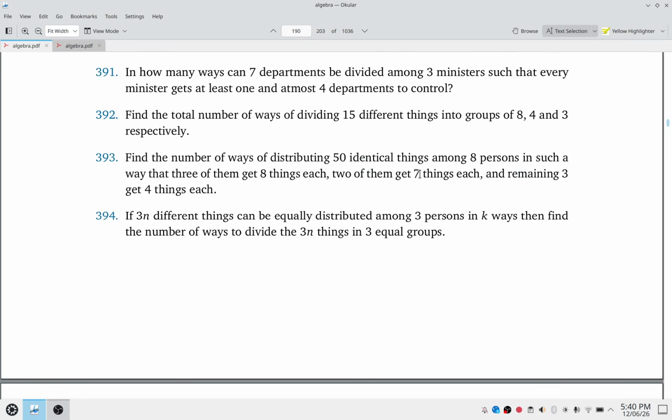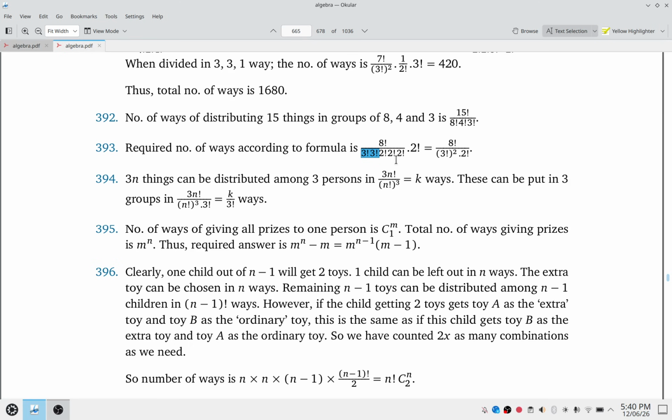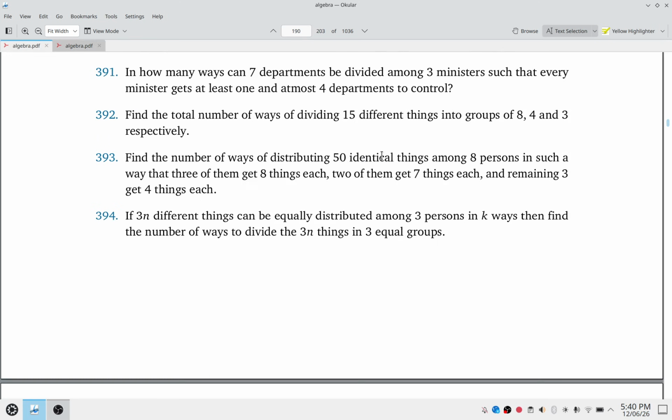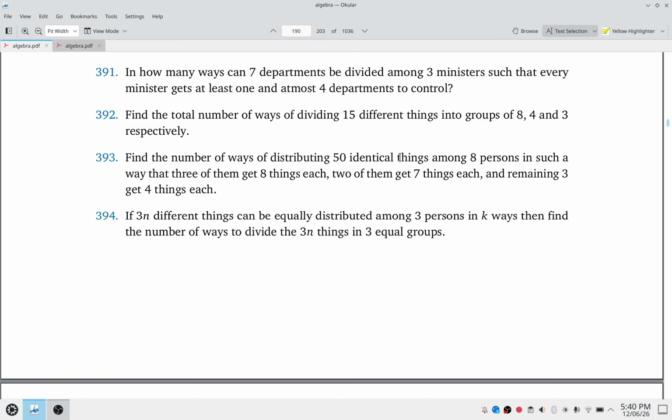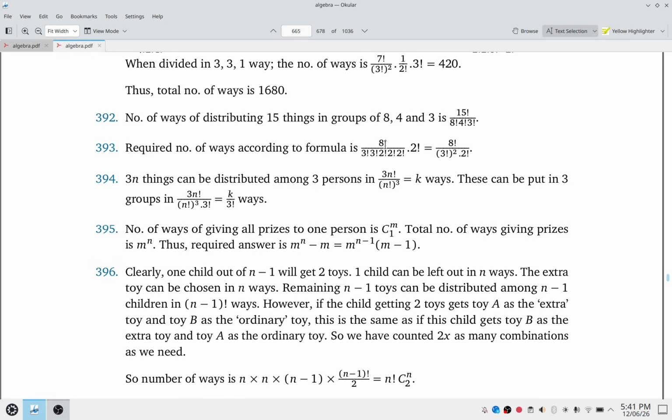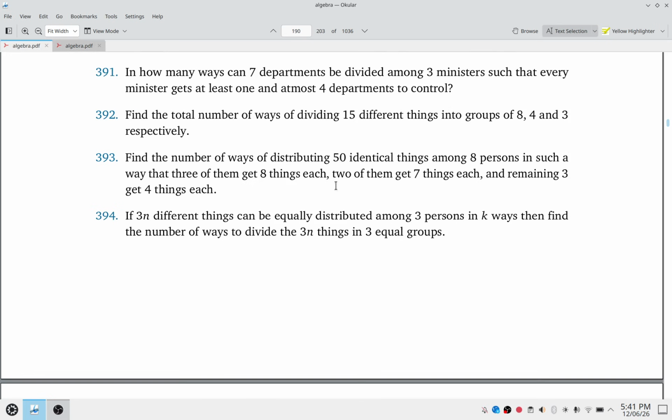Right, so this should come 2 factorial, gets 7 things each. I'm confused about this. Okay, I will discuss this in the next video. Let me think. This is identical things, right? Among 8 persons, 8 in the numerator. The remaining 3 get 4 things each.